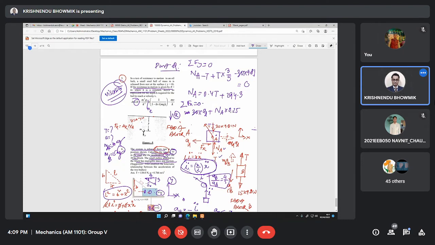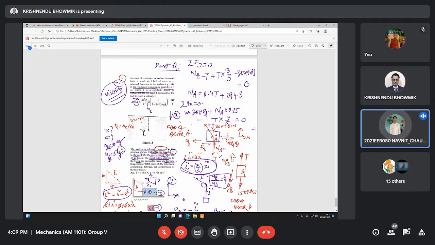NA times 0.25 minus T multiplied by 4 by 5, is it not? Equal to 0, if I am not wrong, in the x direction, correct?